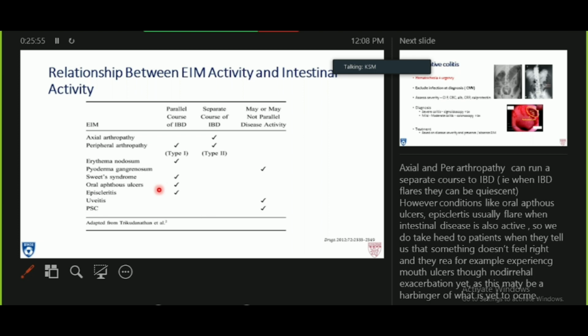So a patient who you see in clinic who has ulcerative colitis may not yet have diarrhea, but they may be starting to complain of mouth sores, and this may actually be a harbinger of what is to come. There are other extraintestinal manifestations, such as axial arthropathy, so the ankylosing spondylitis arthropathy, or peripheral arthropathy, which may not necessarily parallel the inflammatory course of colitis, and so those patients can flare in their joints, but their colitis can be well controlled.